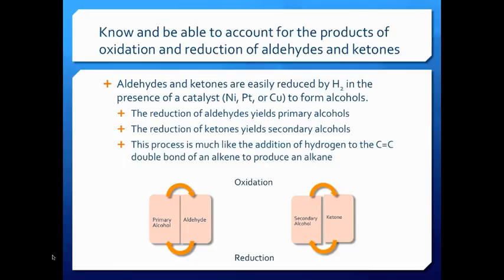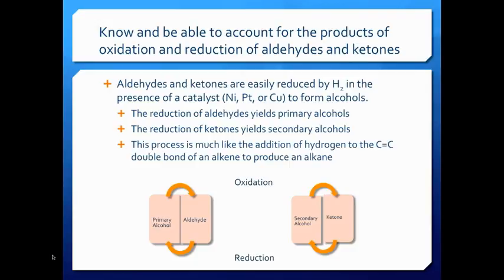Aldehydes and ketones are easily reduced by hydrogen gas in the presence of a catalyst, nickel, platinum, or copper, to form alcohols. The reduction of aldehydes yields primary alcohols.